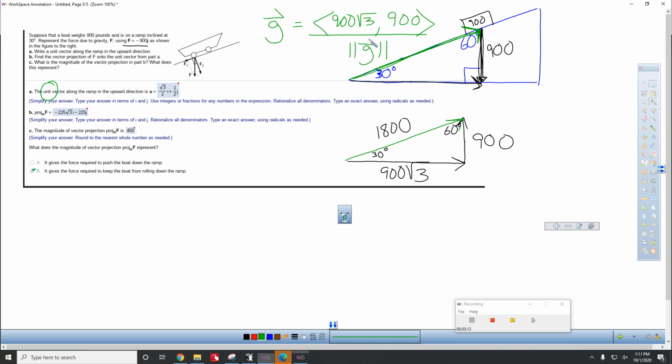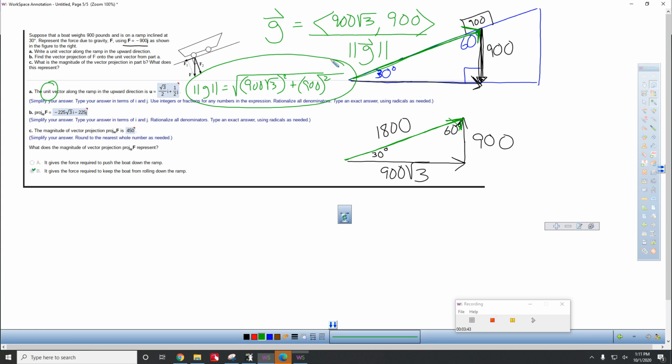So the magnitude of G is going to be the square root of 900 radical 3 squared plus 900 squared, and that is 1800. Now, if you know a lot about vectors, that should make sense, because literally 1800 is the length of that vector. But if you feel more confident, then you can do the math and make sure that your assumptions are correct.